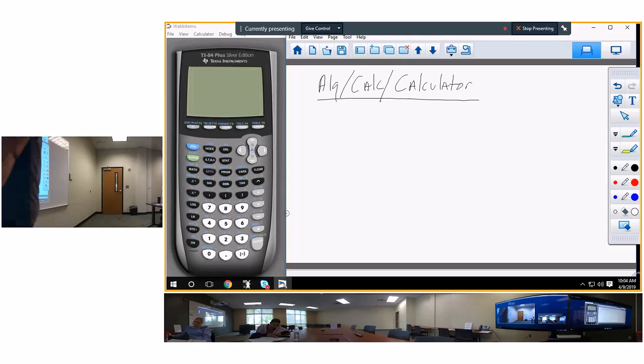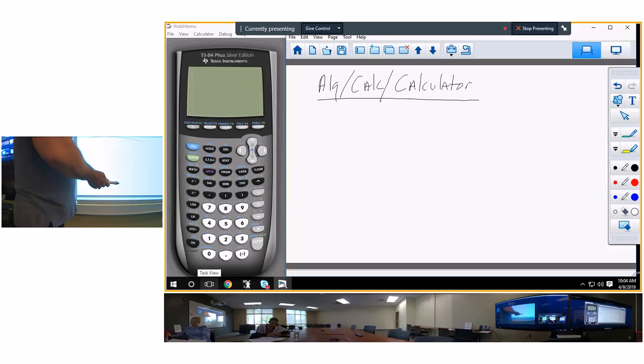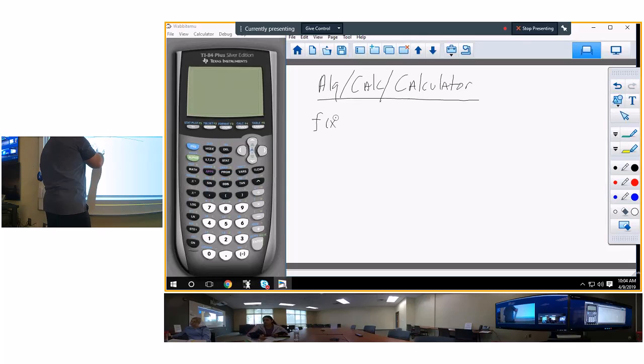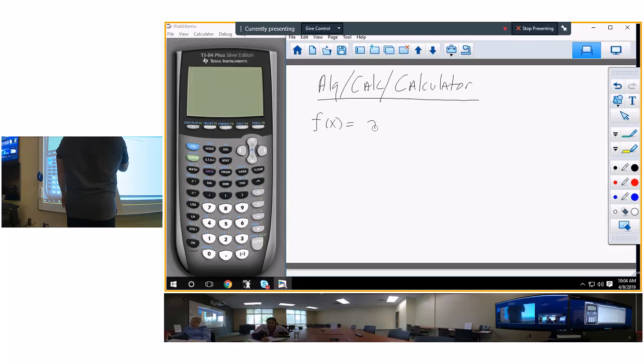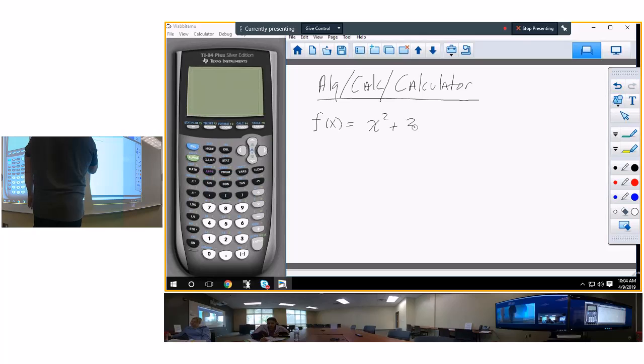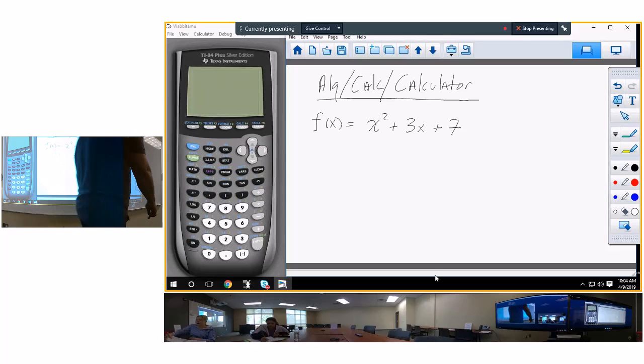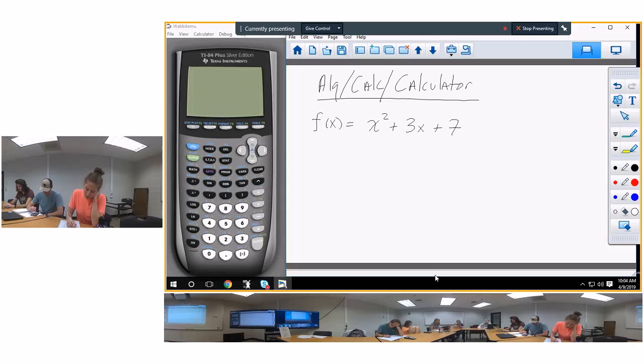So with that being said, I want you not to use a calculator, not to use algebra, but just use the first derivative, what I just showed you, and do f of x is equal to x squared plus 3x plus 7. Take the first derivative.